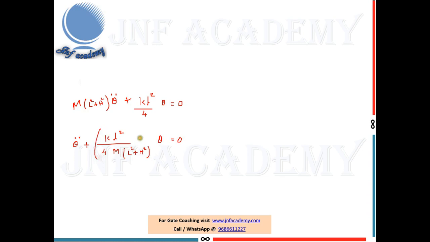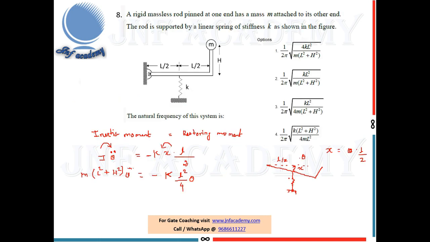The coefficient of theta is considered as omega n square. Therefore, omega n is equal to root of K L square by 4m into L square plus h square. See the answer.